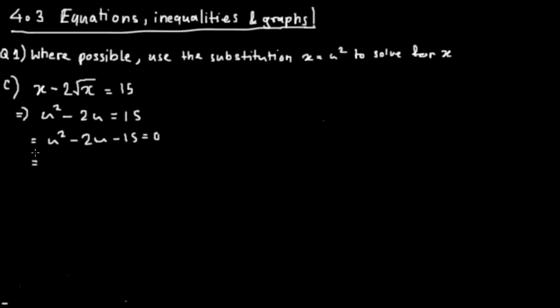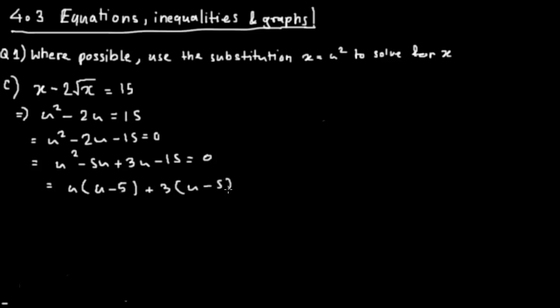From here, you can do the same thing, just factorize. So u squared, you can get 5 and minus 5 and plus 3u minus 15 equals 0. If you just take the common factors, so u minus 5 and plus 3 into u minus 5 is equal to 0.